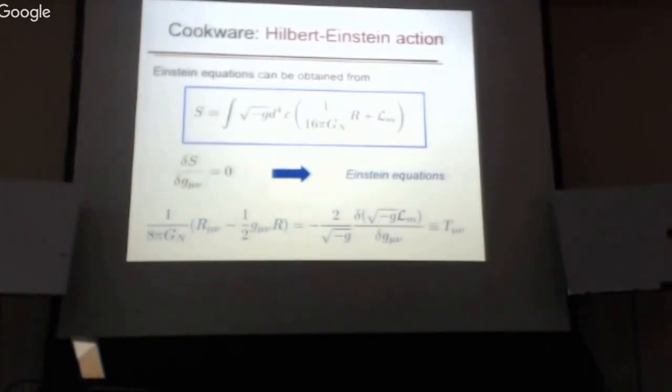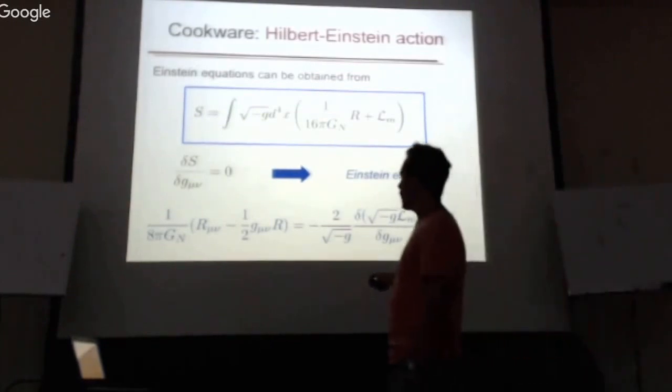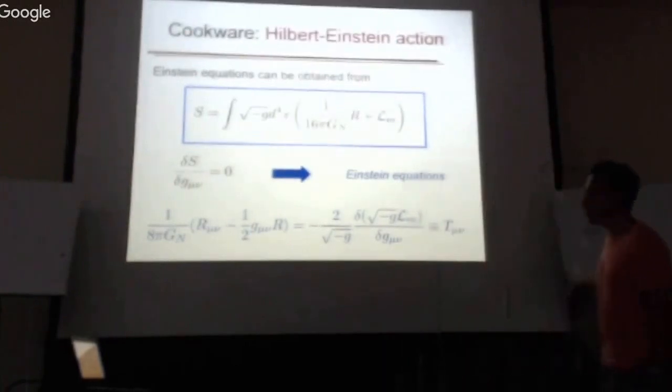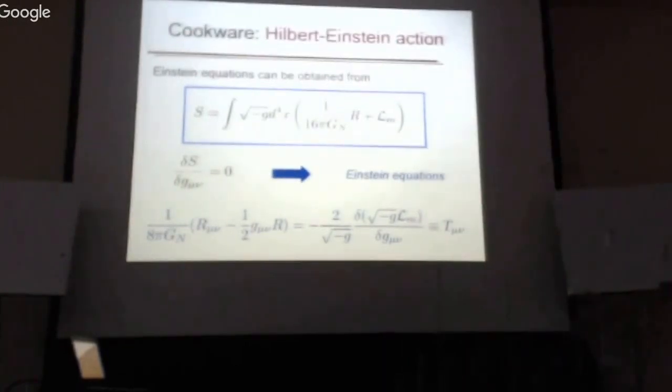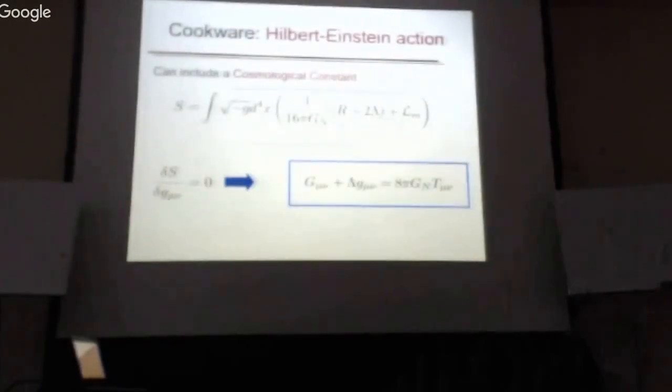So the variation of this piece, the square root of minus the determinant of g times R, gives you the Einstein tensor. And when you take the derivative of this matter Lagrangian with respect to the metric, what you get is what is called the energy momentum tensor.